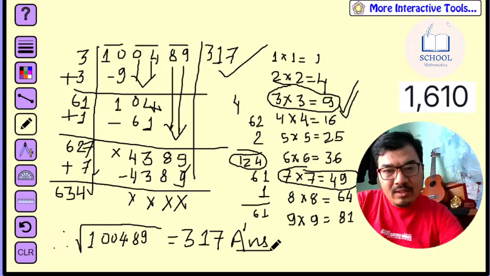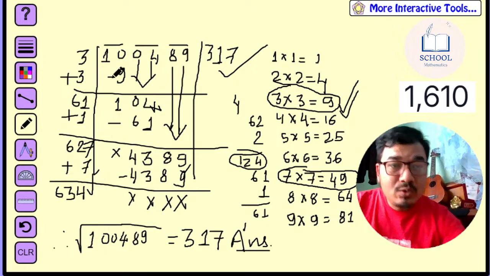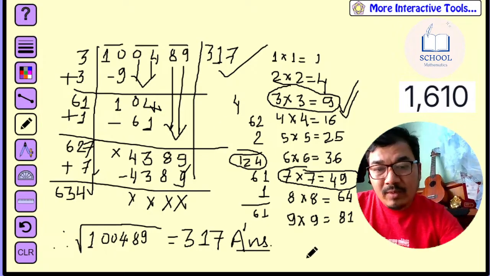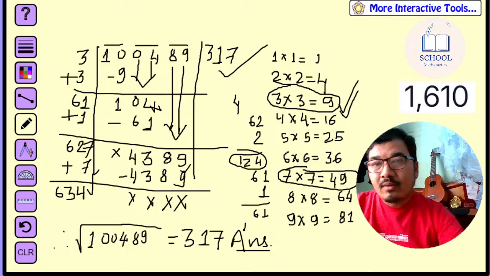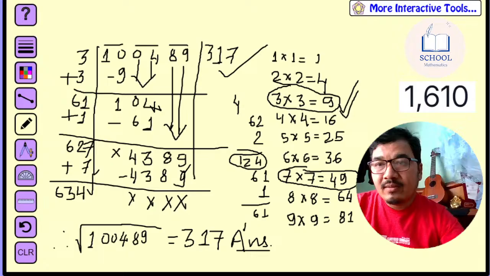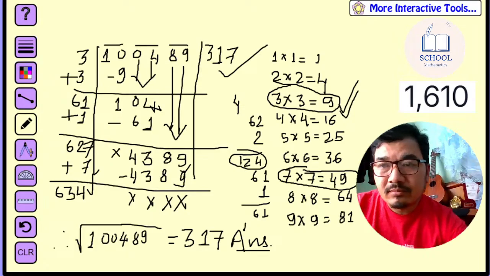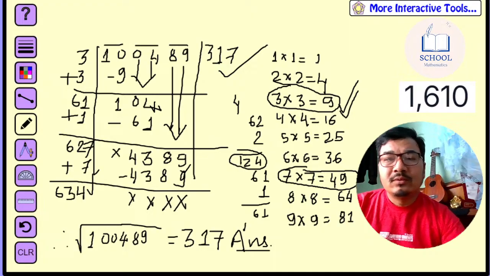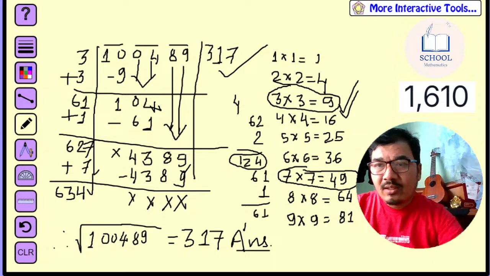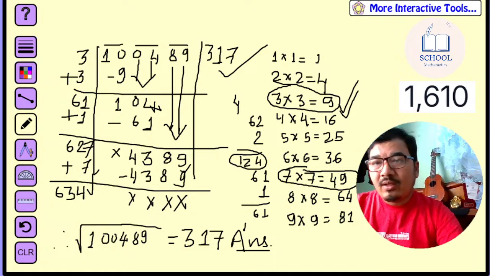I hope you are clear about this question, how to find out the square root by division method. I hope you are clear. If you have any confusion, you can share your difficulties in the comments, and I will try to help with your difficulties.